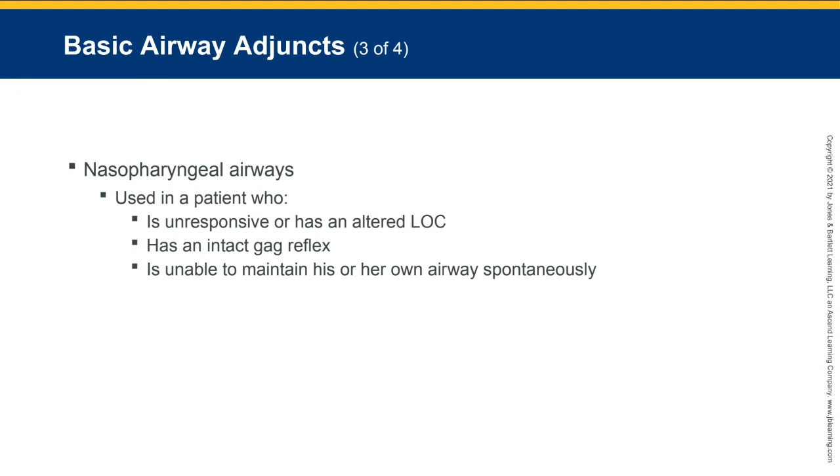Now for the nasopharyngeal airway. The oropharyngeal airway goes into the mouth, the nasopharyngeal airway adjunct goes into the nose. It is used in patients who are unresponsive or have an altered LOC, but there's an intact gag reflex present and they are unable to maintain their own airway spontaneously. But there must be a ventilation problem present.